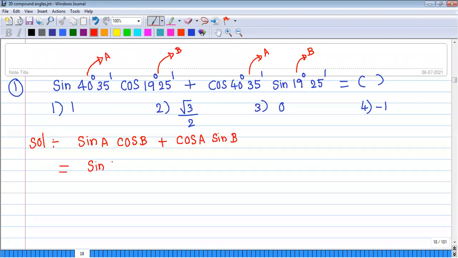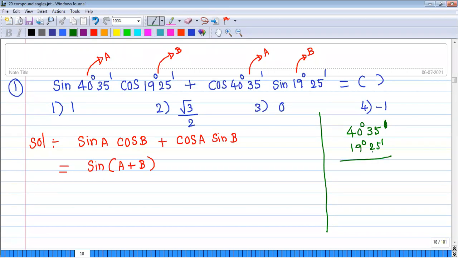This is nothing but sin of A plus B. Am I correct or not? A plus B means these two angles are added together: 40 degrees 35 minutes plus 19 degrees 25 minutes.